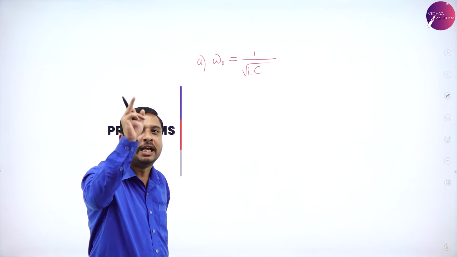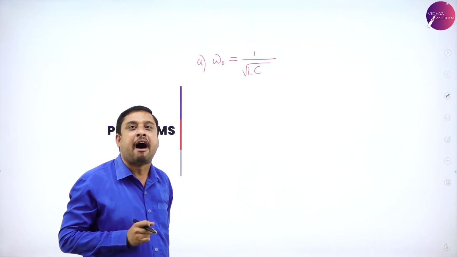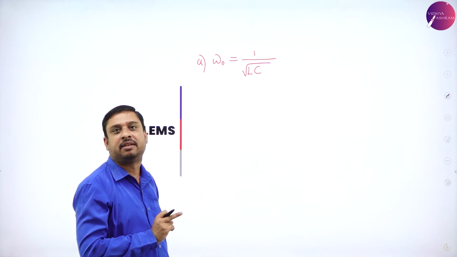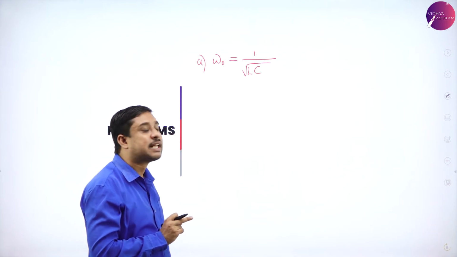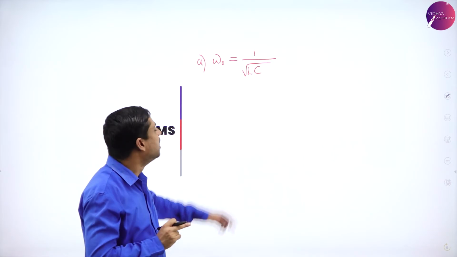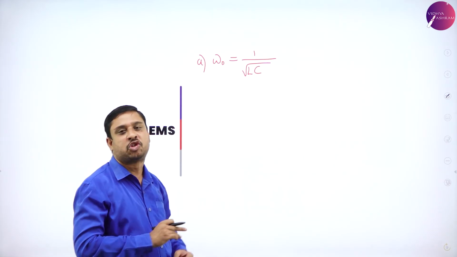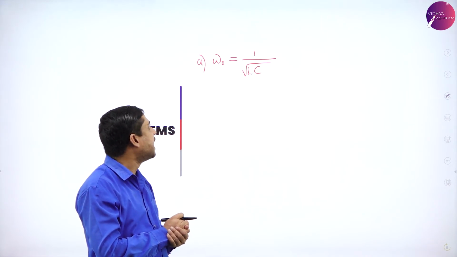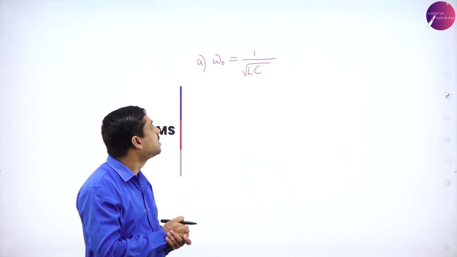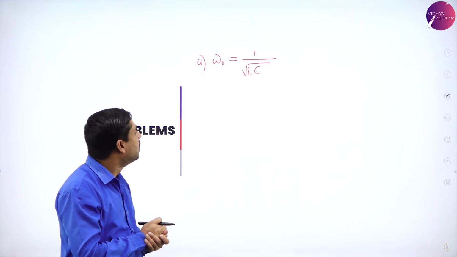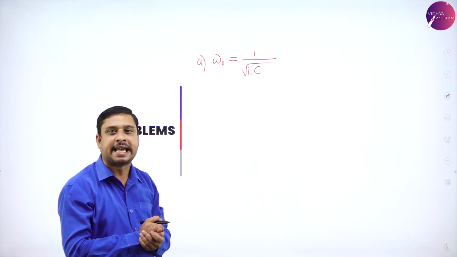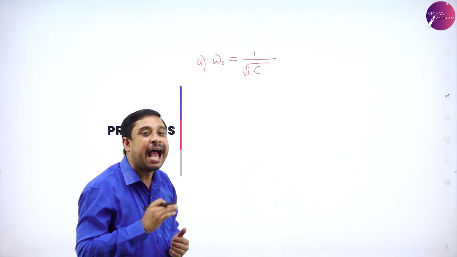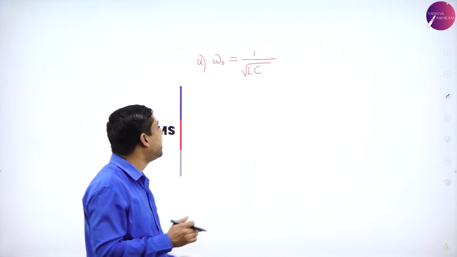Please remember, where you are asked to calculate quality factor along with resonant frequency, use this expression to calculate resonant frequency. Omega naught is 1 by root LC. F naught is when 2 pi comes. This is angular resonant frequency.